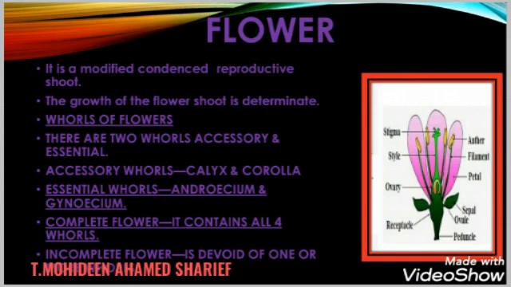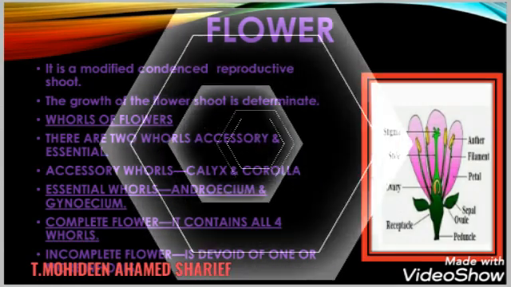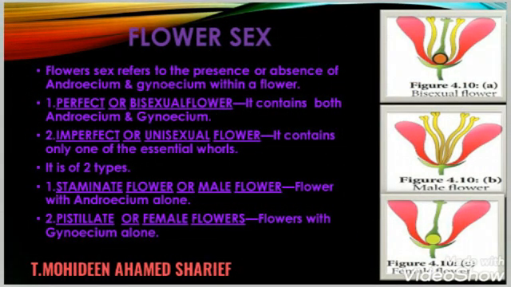Next, flower sex. Flower sex refers to the presence or absence of gynoecium and androecium within a flower. First, perfect or bisexual. When a flower contains both androecium and gynoecium, it is called a perfect flower.